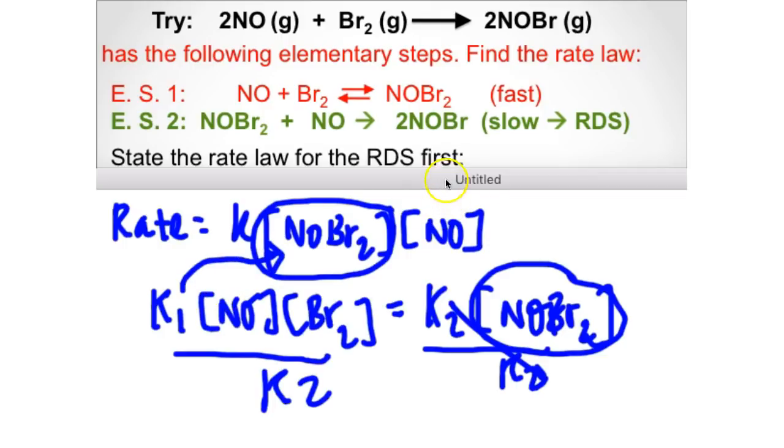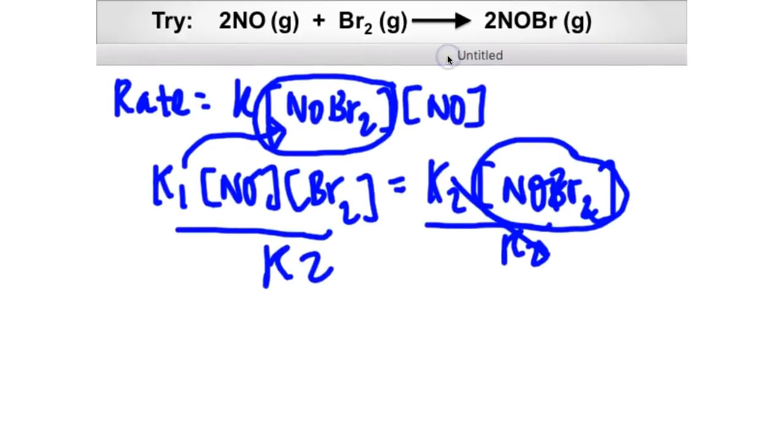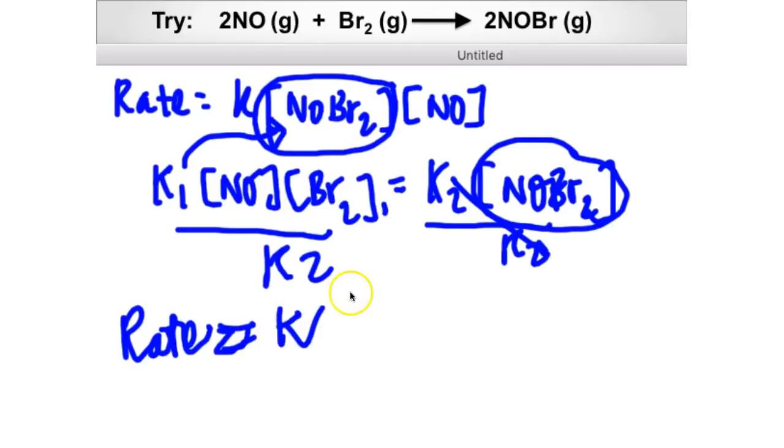I'm gonna move this up a little bit. And when you substitute all of that in, you're gonna get rate is equal to K times K1 over K2. Again, just squash them all together. That's K. And we're gonna put NO and Br2.